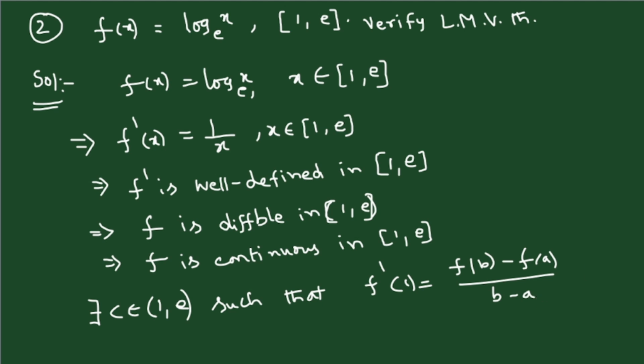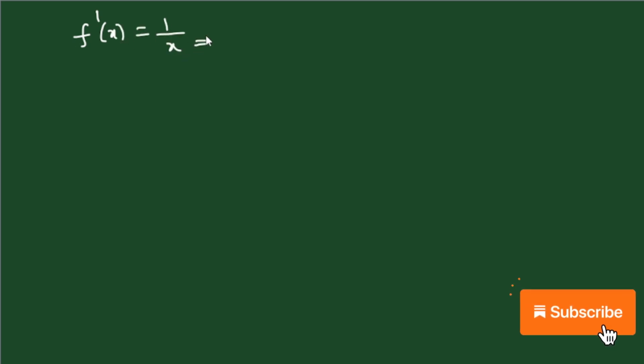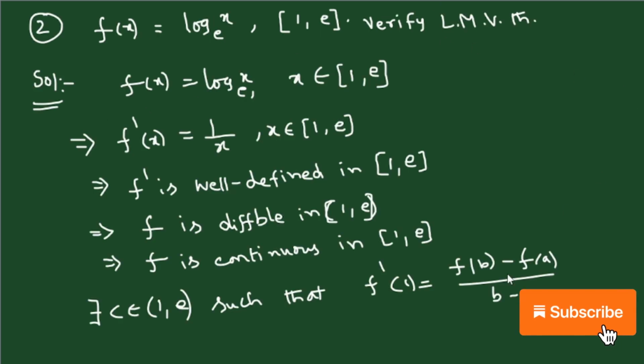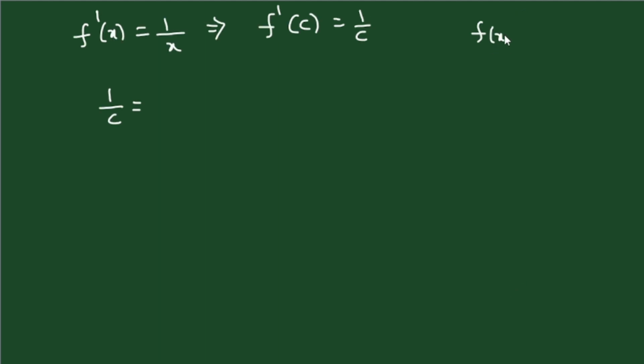Right? Now, what is f dash x? f dash x is 1 by x. Then what is f dash c? f dash c is 1 by c. So 1 by c is equal to (f(b) minus f(a)) by (b minus a). f of x is log x to the base e. So what is f(b)? f(b) is log b.